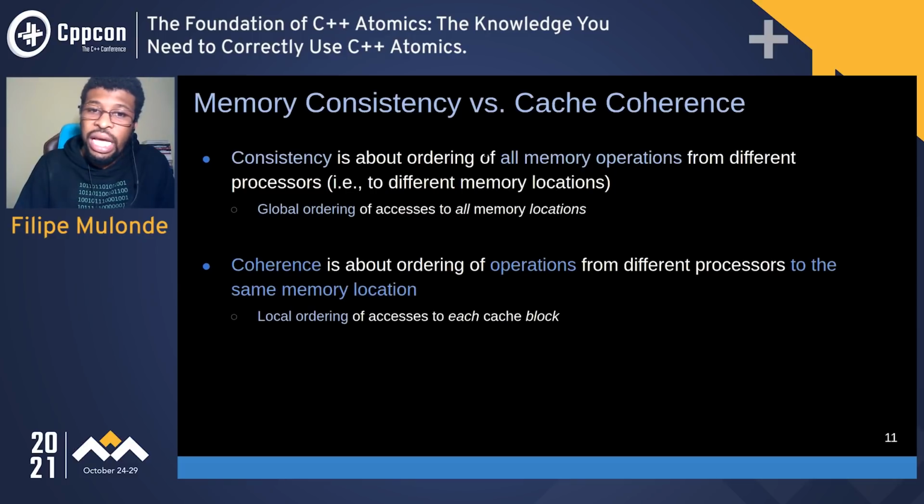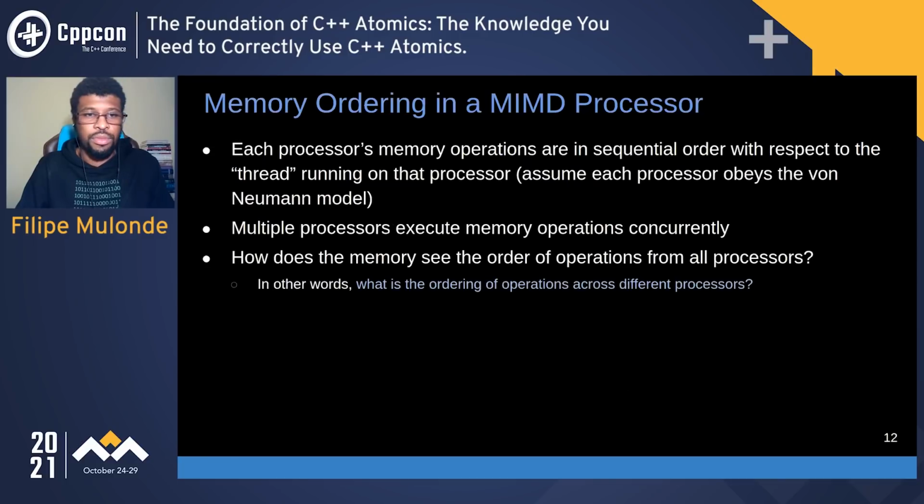With consistency, we care about the order of operation on all memory locations. With coherence, we care about the ordering of operation in a particular memory location. So that's the difference between the 2.